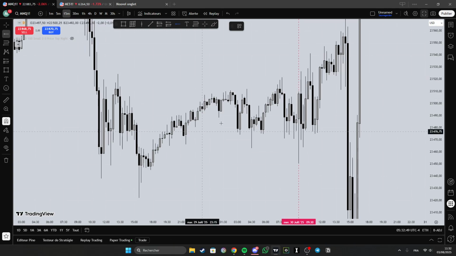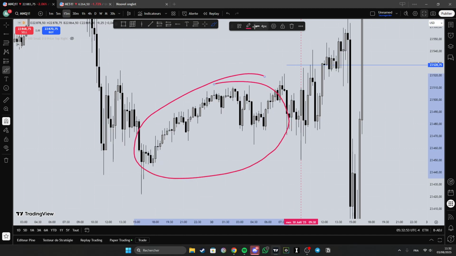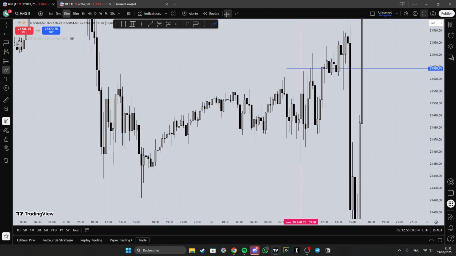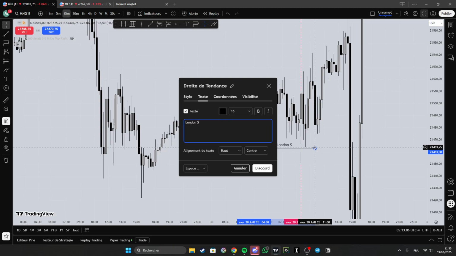So the bias on that day was bullish, as you can see. We are pretty bullish. We had this liquidity, so this is a London sell side liquidity.